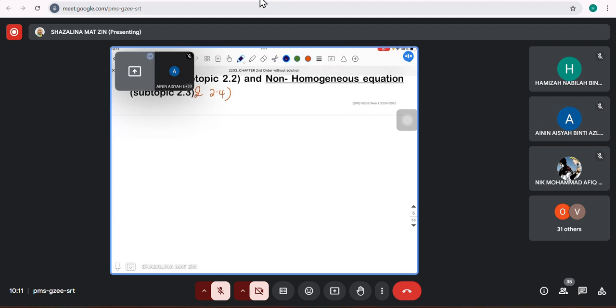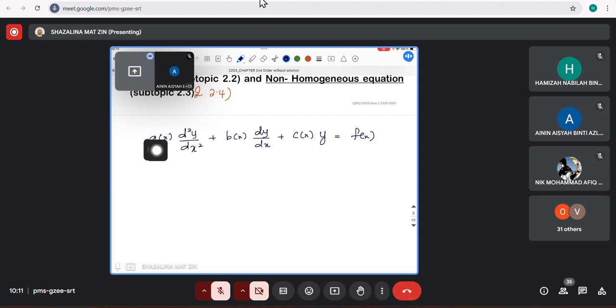Okay, I rewrite a d squared y dx squared, ni equation 1 saya tulis semula. b dy dx plus c y equals a function of x. Okay, for this semester, we are going to consider A, B, C as constants.